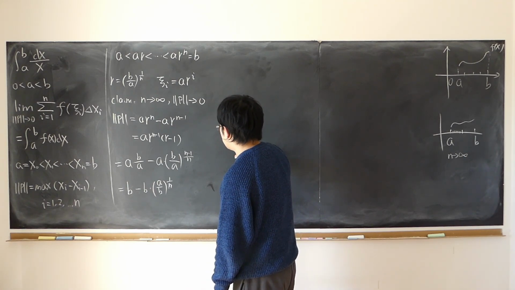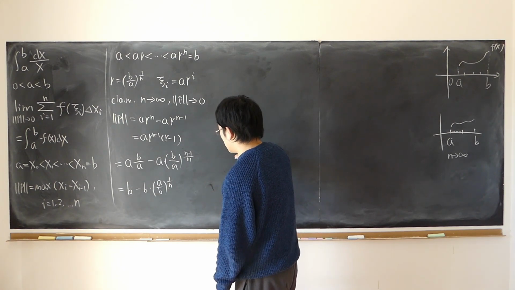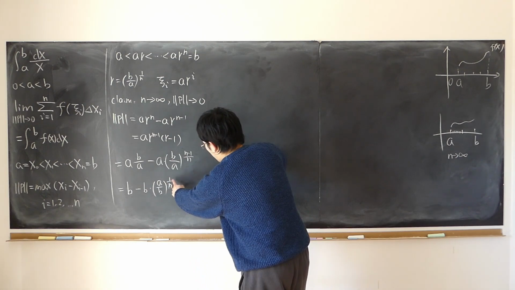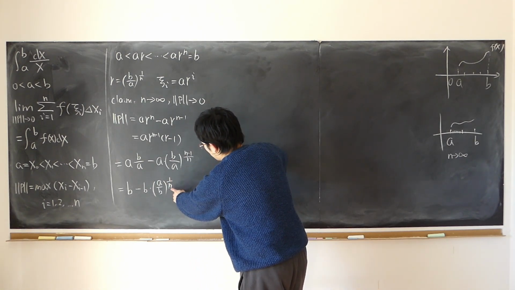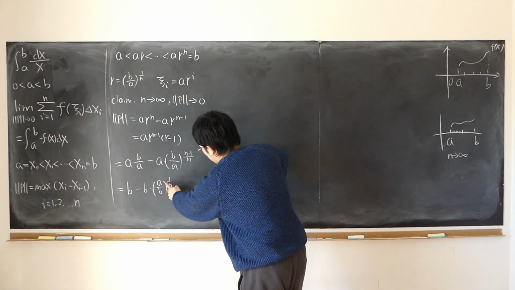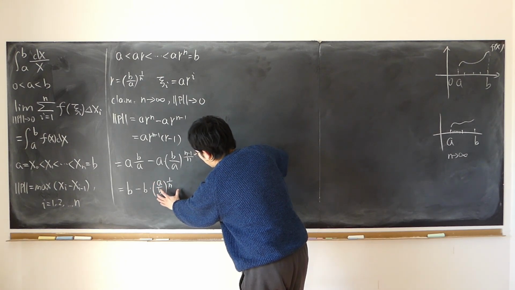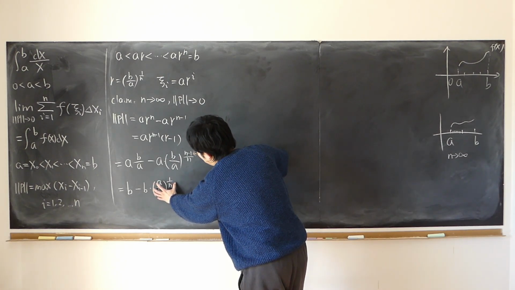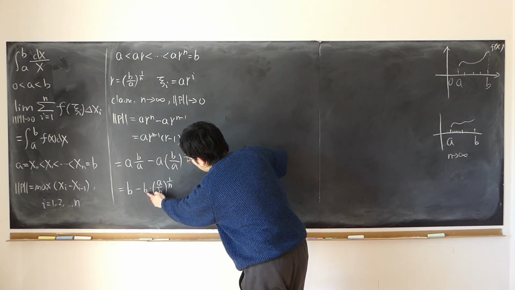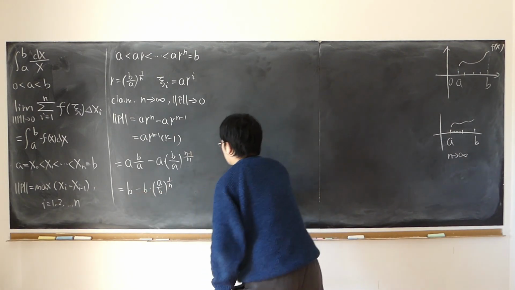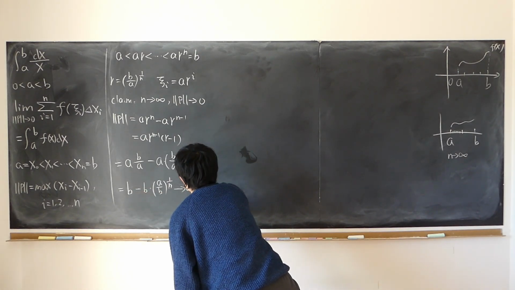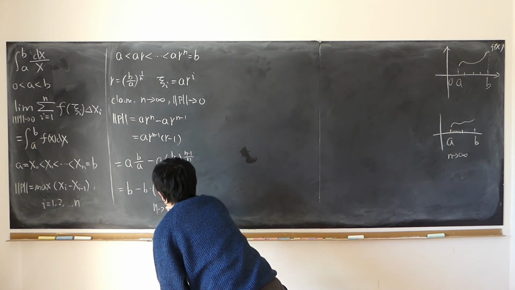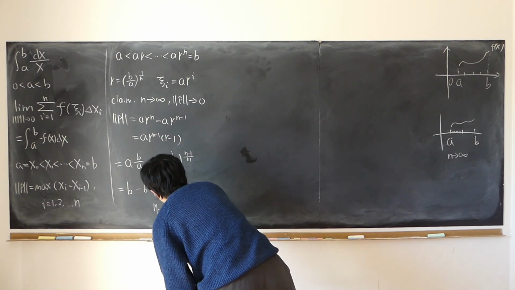So in this case, as n approaches infinity, the power approaches 0, right? The base is fixed. So the whole thing approaches just 1. 1 times b is b, b minus b is really 0 as n approaches infinity.